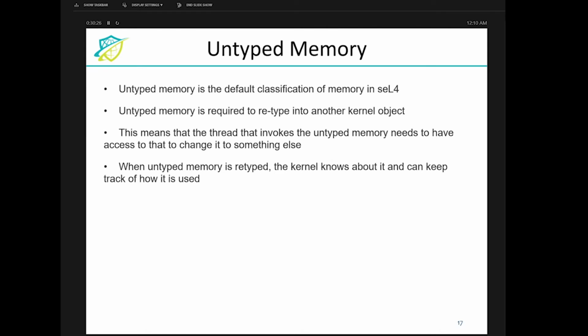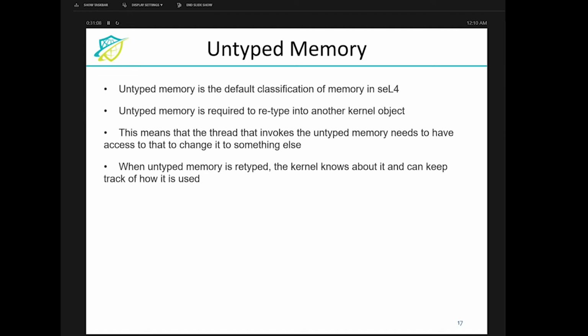So untyped memory is the default classification of memory in seL4. Untyped memory is basically the blob that you get when you ask the kernel, within your CSpace and VSpace, for a chunk of memory. Untyped memory is required to be retyped into another kernel object.